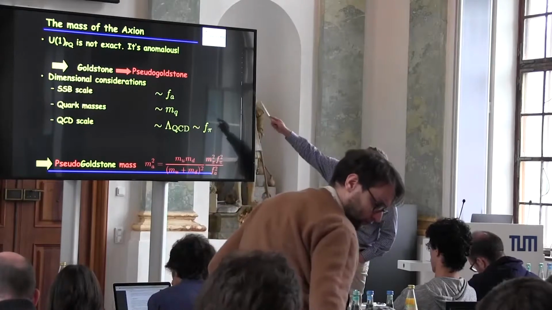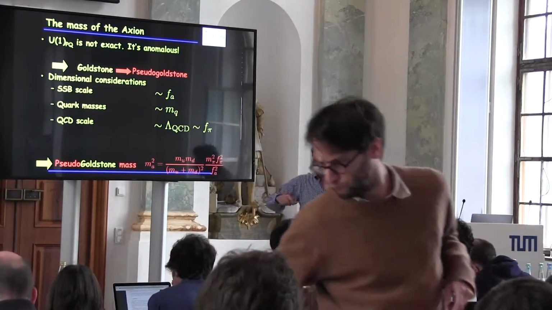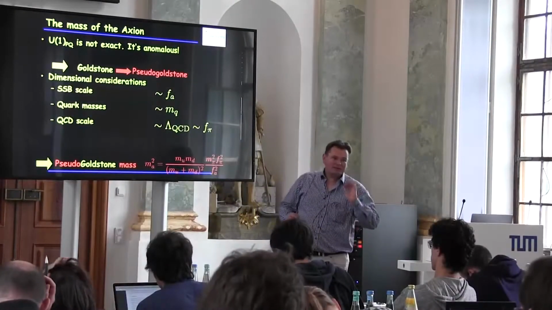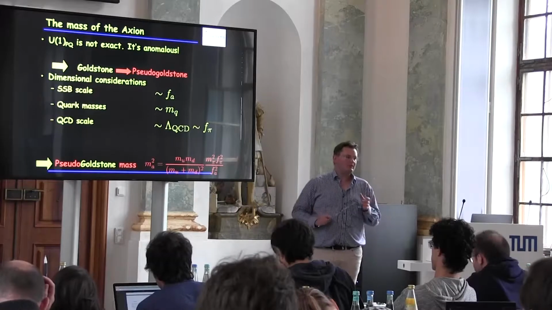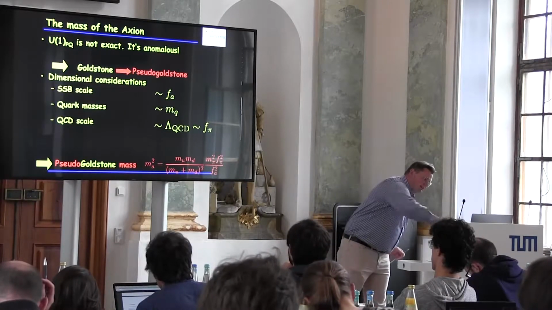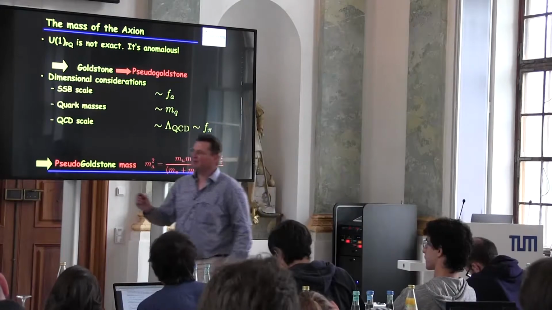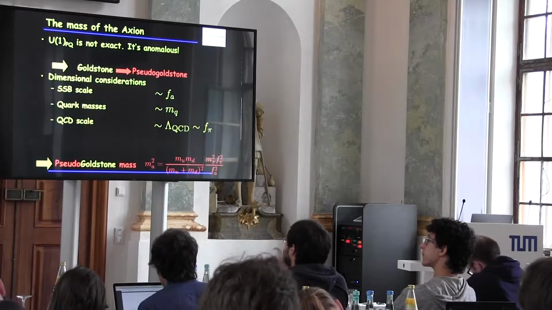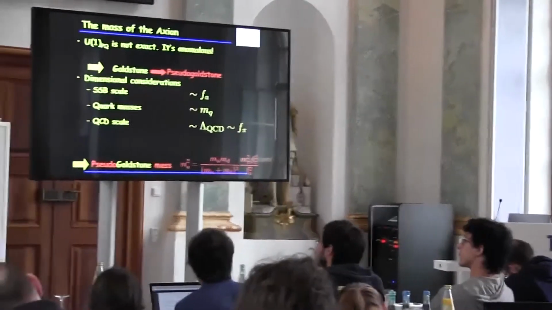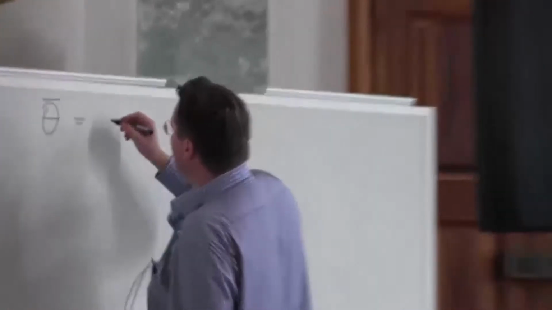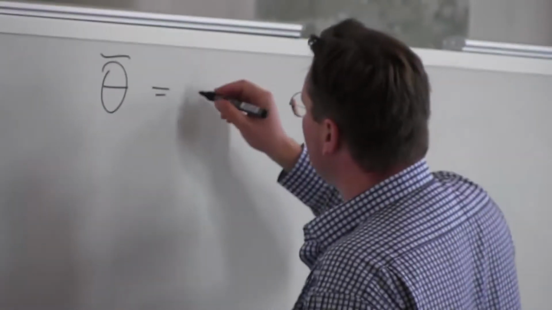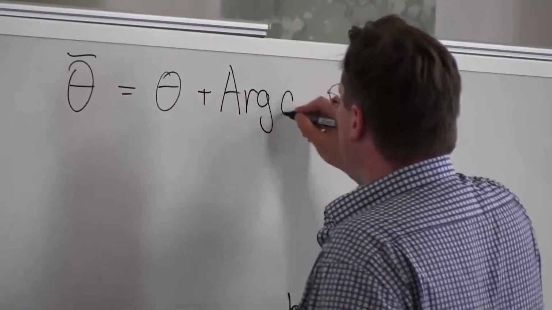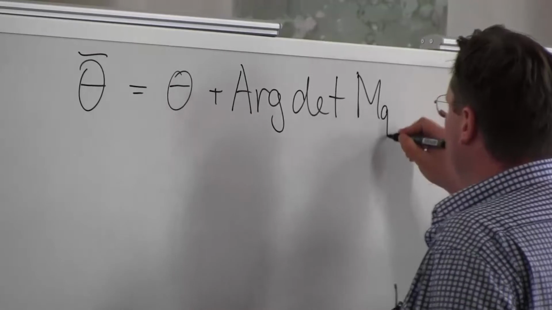And that means we basically would have no potential at all. But actually, we also wouldn't have a problem, because, and now I have to unfortunately use the blackboard again, you already briefly had this yesterday, that the really observable theta is actually theta bar, which is theta plus the argument of the determinant of the quark mass matrix.